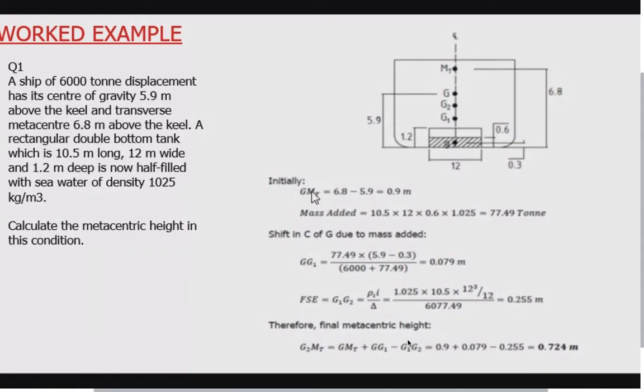The GMT was equal to 6.8, the transverse metacenter, minus the center of gravity, which has already been given as 5.9. So this will help us to get GMT equal to 0.9 meters.